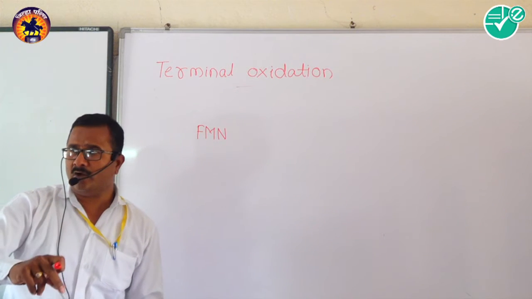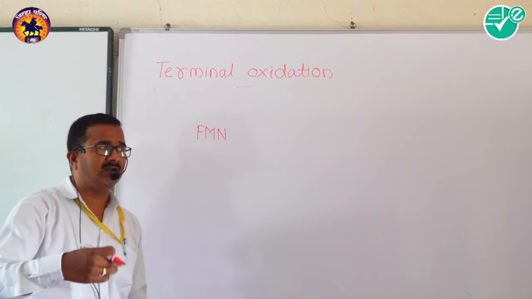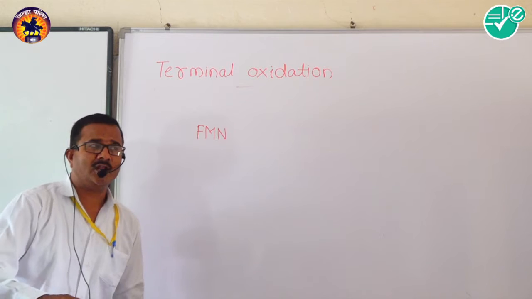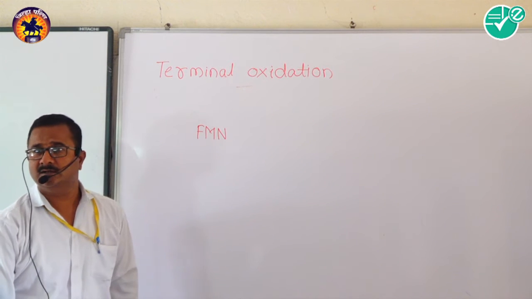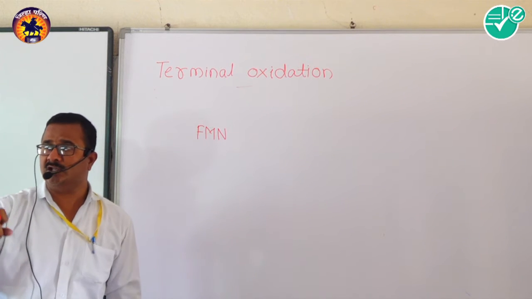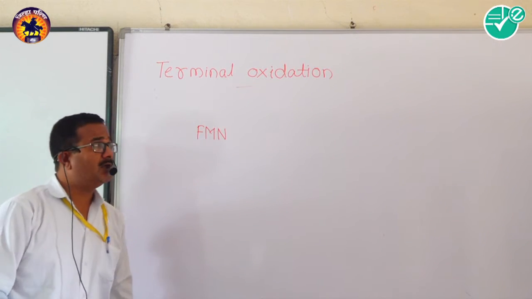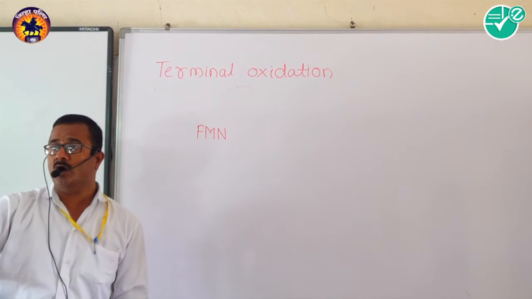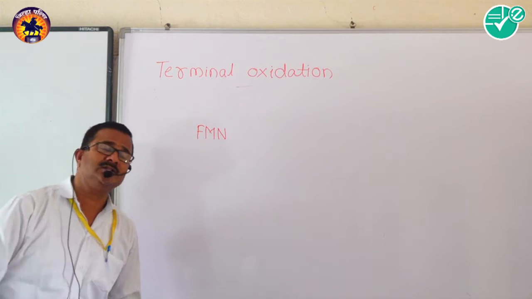The inner membrane of mitochondria contains the cristae. On this cristae there are the elementary particles or F1 particles. These F1 particles have the different types of electron carriers. Means the process of terminal oxidation or the electron transfer system occurs on the F1 particles of the cristae.